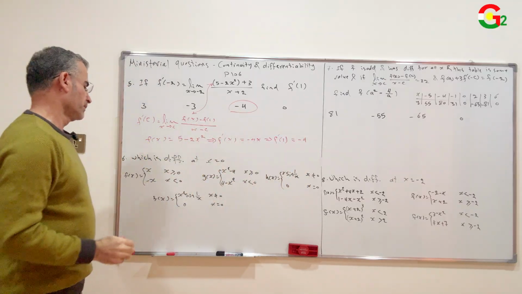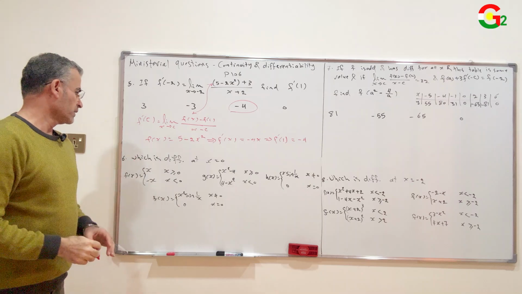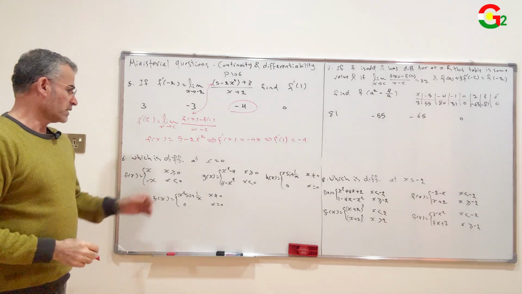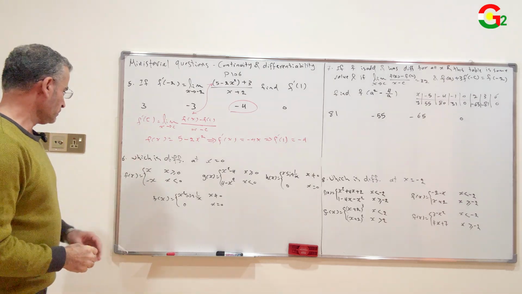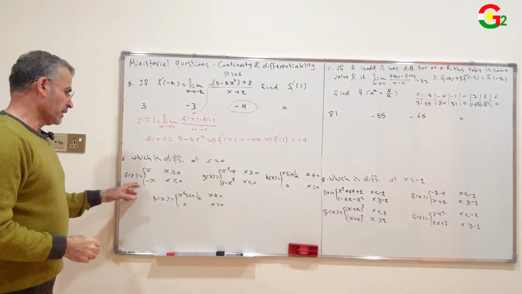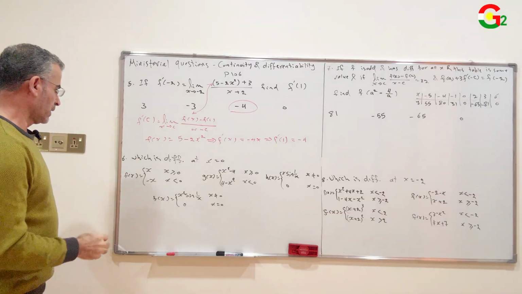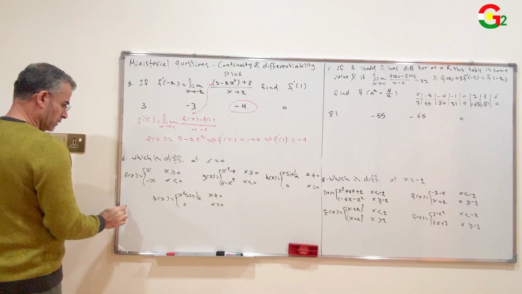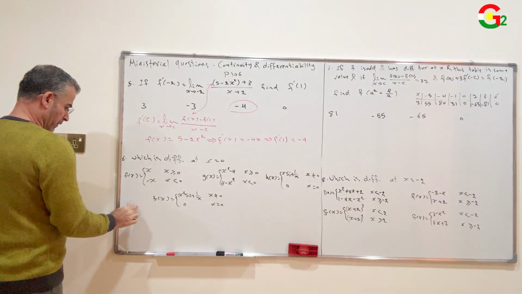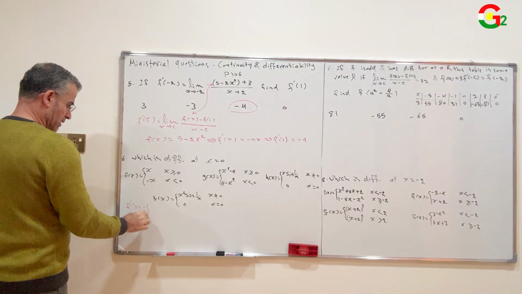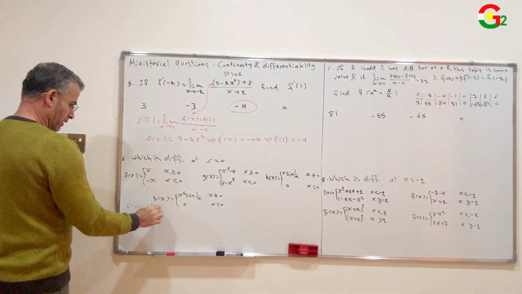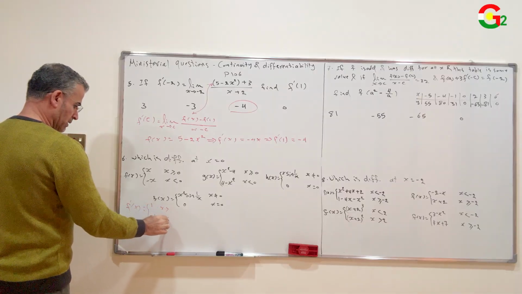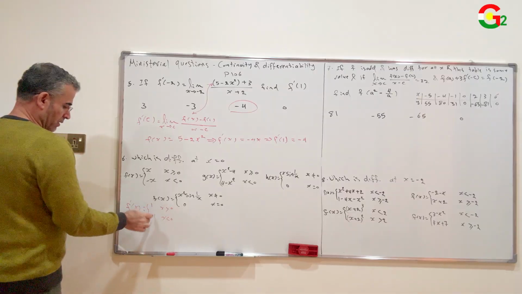Choice C. Which is differentiable at x equals 0? At x equals 0, let us check the differentiability of each function. F prime of x for the first function is 1 when x is greater than 0, and negative 1 when x is less than 0.